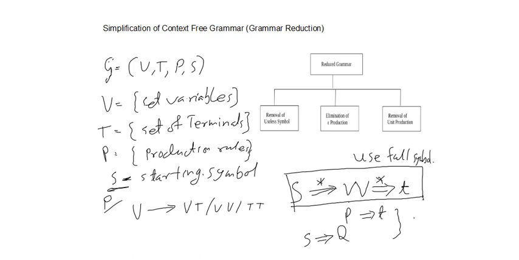Then another one is elimination of epsilon production. We should know what epsilon production is. In the useless symbol example, I said we will have a variable obtained from the start state, and the non-terminal will be producing a terminal symbol during the production process.